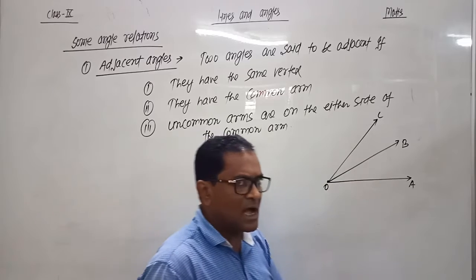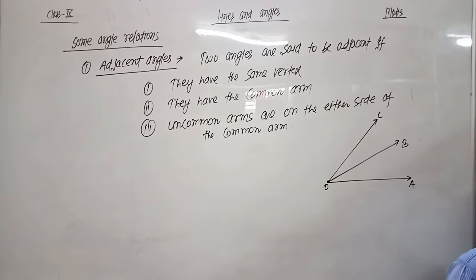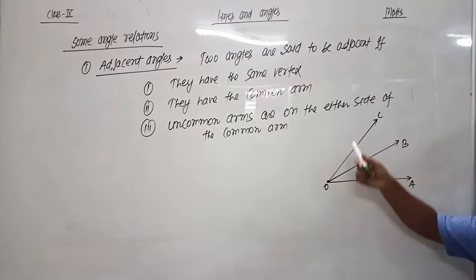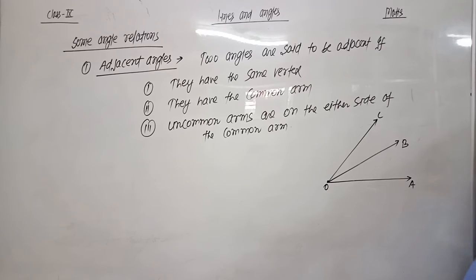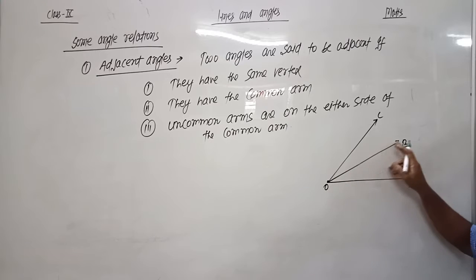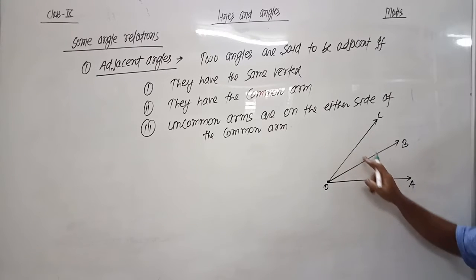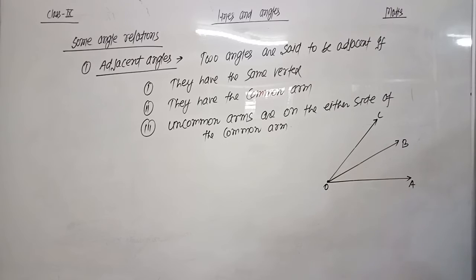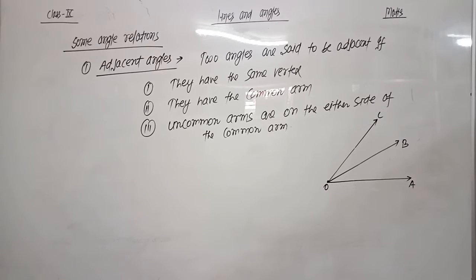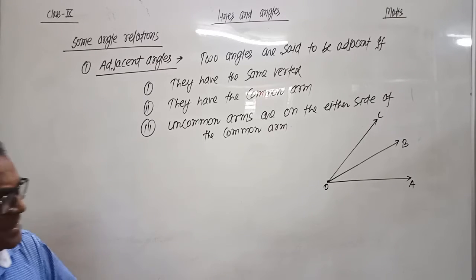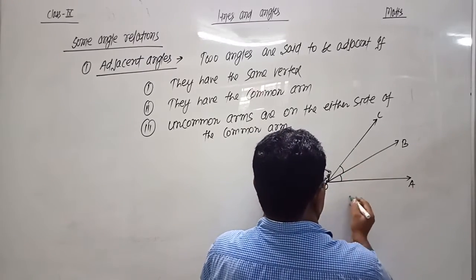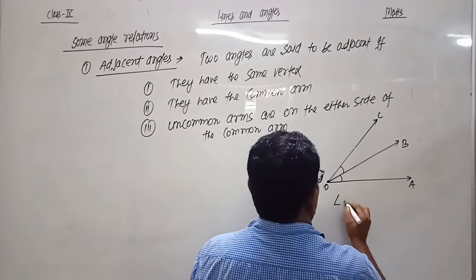OA and OC are uncommon arms which lie on either side of the common arm. So these three conditions are satisfied. Here angle AOB and angle BOC are called adjacent angles.